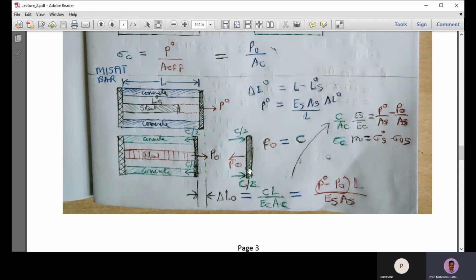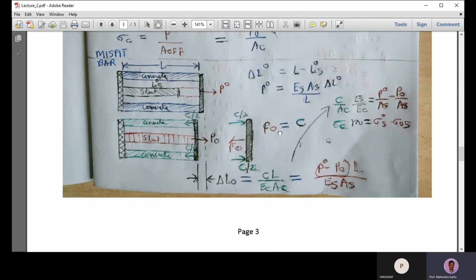From the steel there will be a tensile force pulling it to the left, and from the concrete there will be a compressive force pushing to the right. We can equilibrate the forces coming on this plate: P naught is equal to C. That is the equilibrium equation.